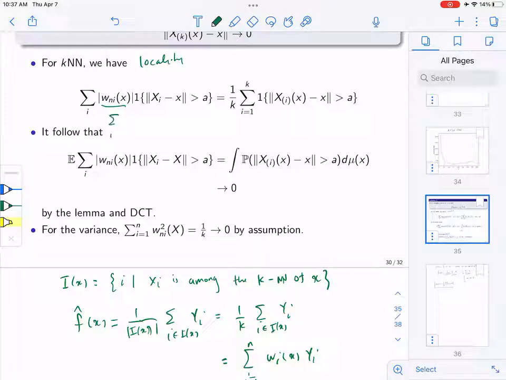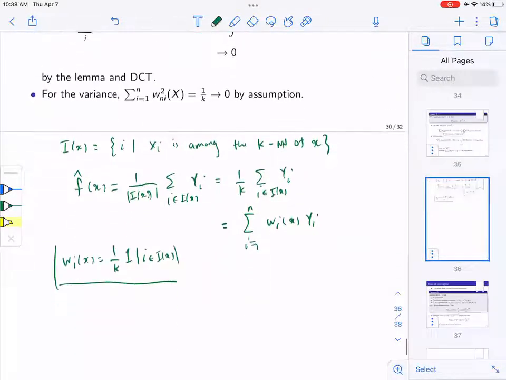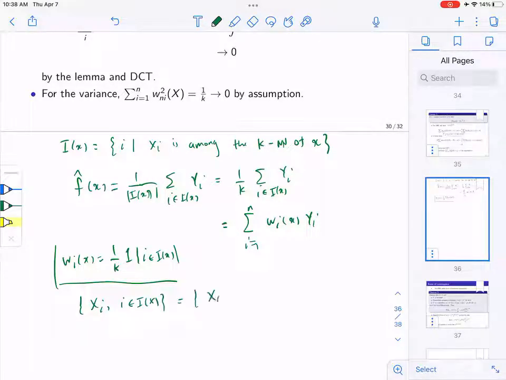So this would be summation over i, 1 over k, indicator i in I_x, and then indicator ||x_i minus x|| bigger than a. But you combine these. If i is in I_x, then it's one of these. So basically the set x_i, i in I_x, is just x_1(x), x_2(x), up to x_k(x).